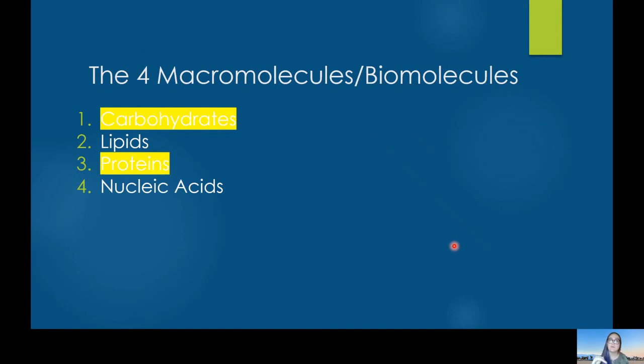And you are going to go through and basically answer some questions about carbohydrates, lipids, proteins, and nucleic acids, because now you have all the basis of information about these 4 biomolecules, these 4 macromolecules, and it should be fairly simple, okay? You need to know the monomers, you need to know the polymers, and their functions, okay? So that is the task I'm leaving you with today. Study these 4 macromolecules.